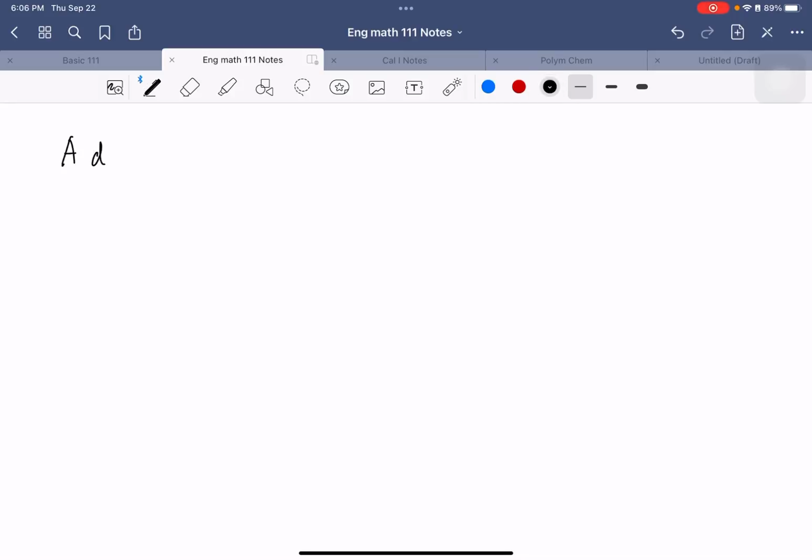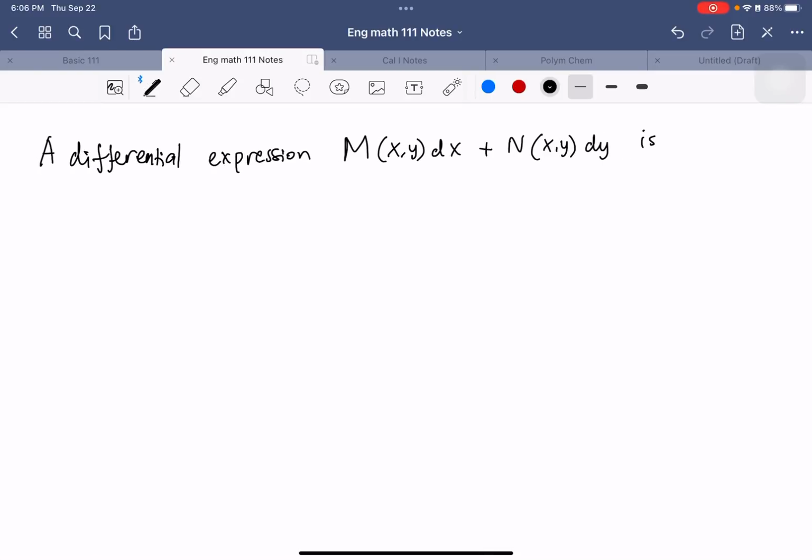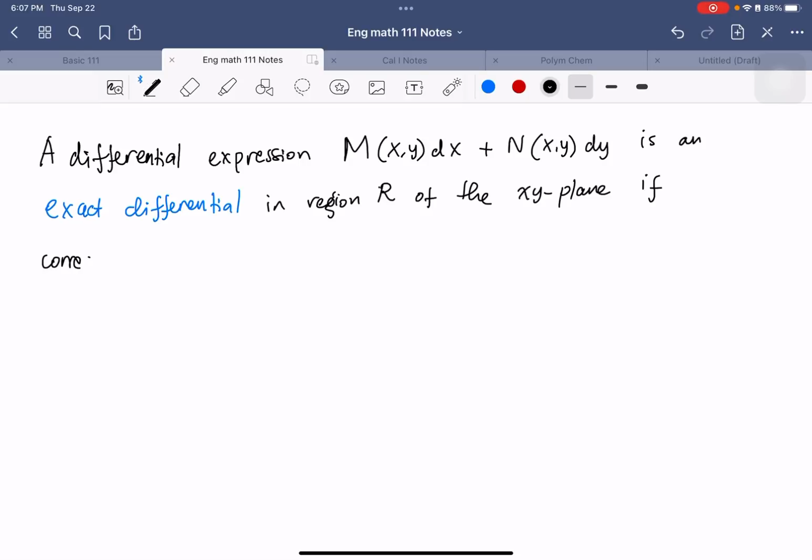So a differential expression, usually we write in terms of M(x,y) dx plus N(x,y) dy, is an exact differential in region R of the xy plane if it corresponds to the differential of some function.